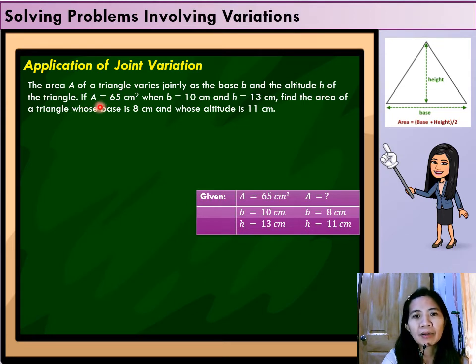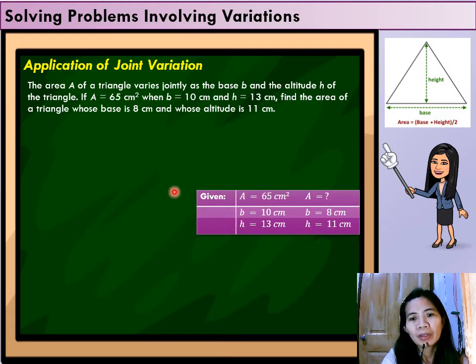If area is equals to 65 centimeters square when base B is equals to 10 centimeters and height h is equals to 13 centimeters, find the area of a triangle when base is equals to 8 centimeters and whose altitude is 11 centimeters.